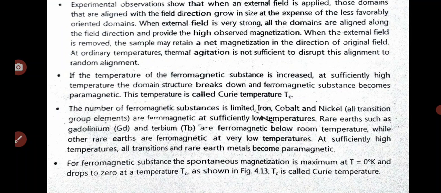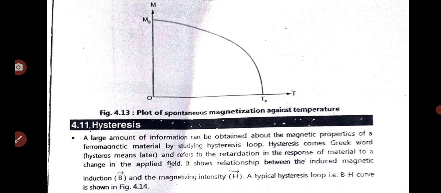For a ferromagnetic substance, the spontaneous magnetization is maximum at T equal to 0 degrees Kelvin and drops to 0 at the critical temperature, which is called the Curie temperature.